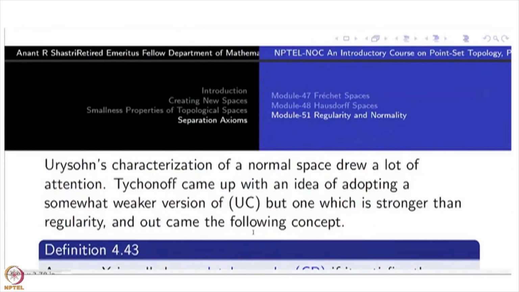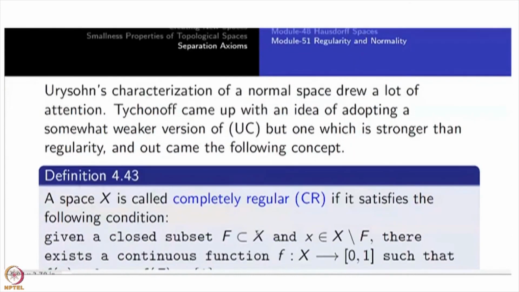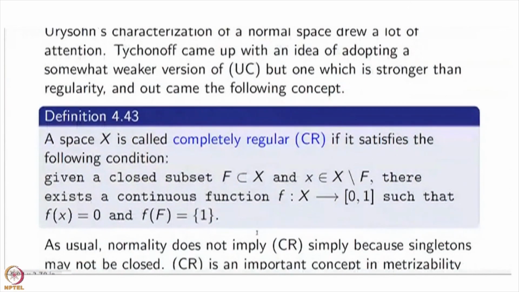Urysohn's characterization of normal space drew a lot of attention. Tikhonov came up with an idea of adopting a somewhat weaker version of Urysohn's characterization, but one that is stronger than regularity. So another concept came in between, what is called complete regularity.